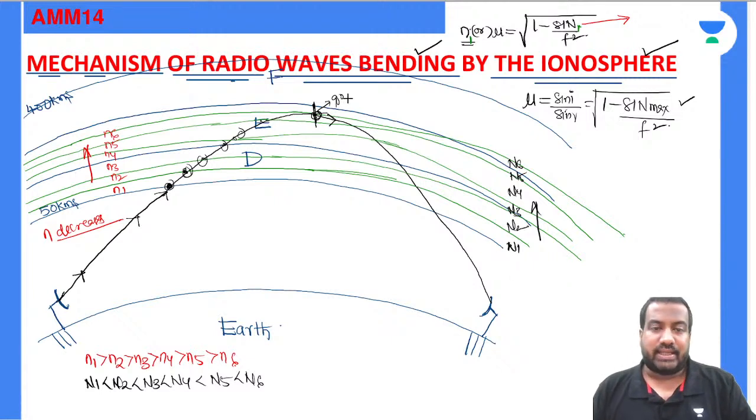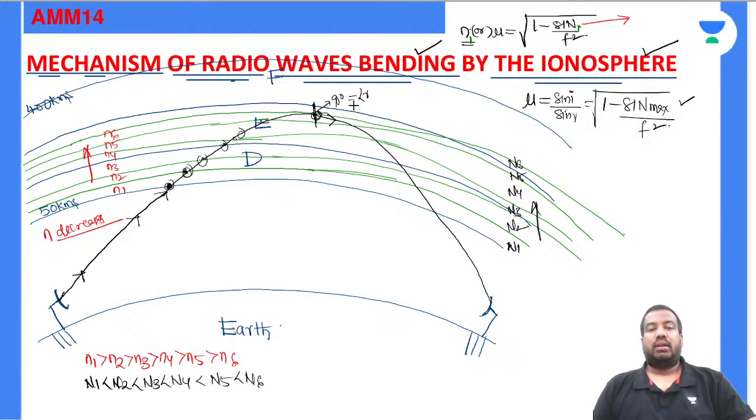And you tell me what is the angle of refraction. At the point from where it is coming back or bending back, at that point R is always 90 degrees. The angle of refraction is always 90 degrees.